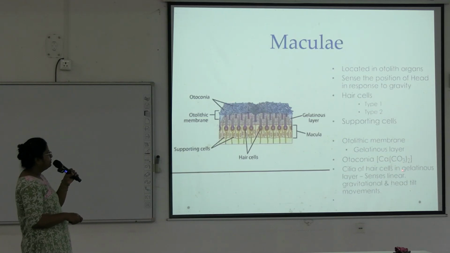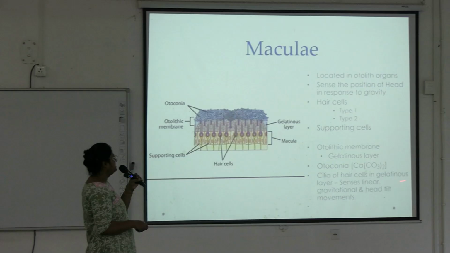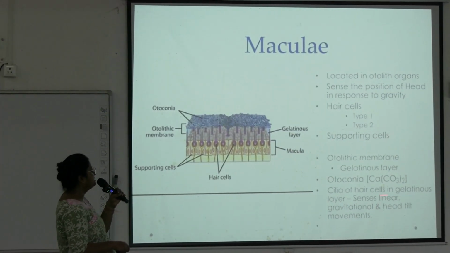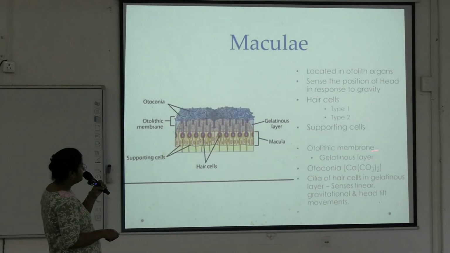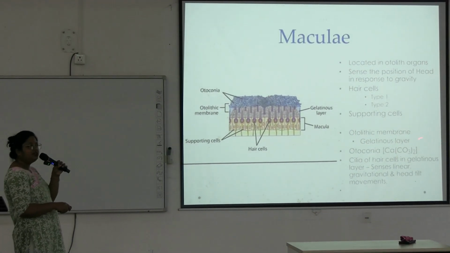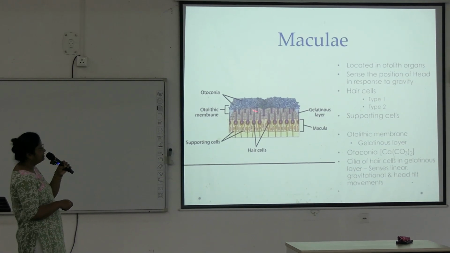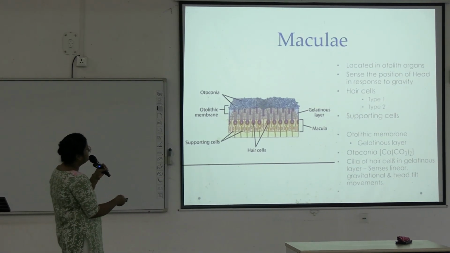Otoconia is calcium carbonate. Cilia of the hair cells in the gelatinous layer sense linear, gravitational and head tilt movements. The otolithic membrane is the gelatinous layer over these hair cells. So this is the structure of the macula.